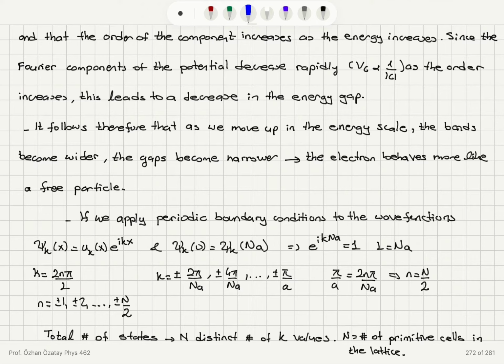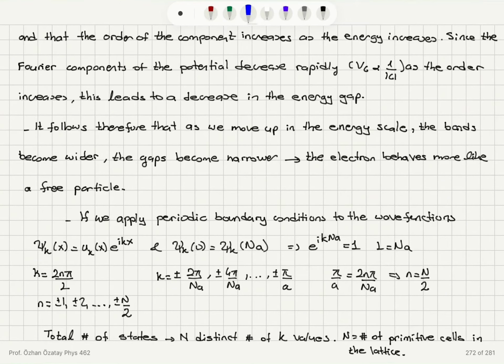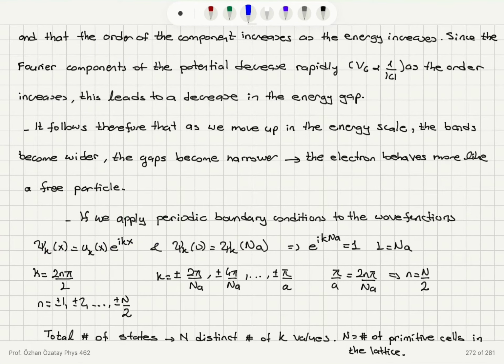It decreases as 1 over G in the reciprocal lattice, and we have a smaller contribution to the band gap from these Fourier coefficients. So as we move up in the energy scale, we're losing our band gap and our bands are getting much wider. Therefore, we're getting an electron that behaves more like a free particle. So the more energetic the electron, the more it behaves like a free particle.